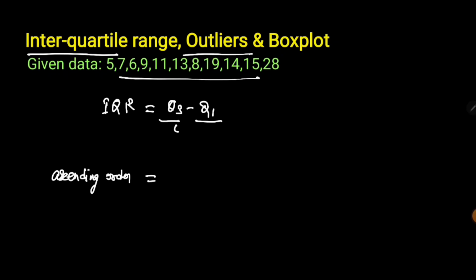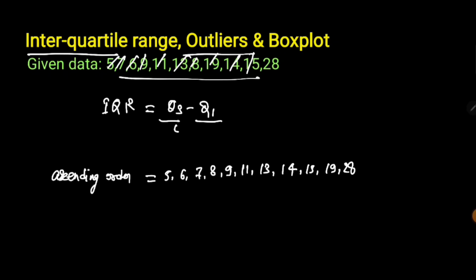So we're gonna write the smallest number first, so it will be 5, then 6, then 7, and then after that 8, then 9, then after 9 it will be 11, then 13, then 14, after that 15, and after that 19 and 28.